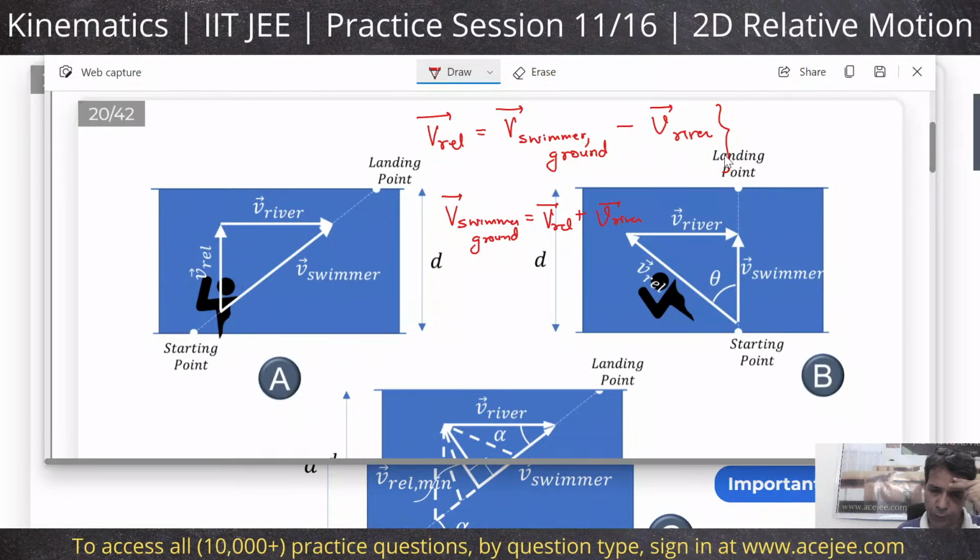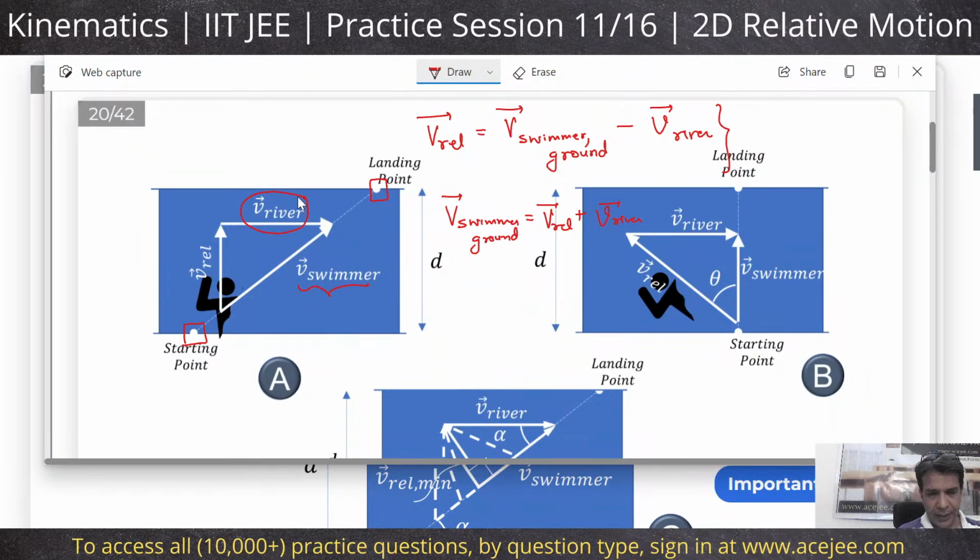So in the first scenario, we'll be given the starting point and the landing point, the speed of the swimmer with respect to the water, and the speed of the river, and we will be asked to determine at what angle the swimmer should be swimming to reach the destination, the landing point.